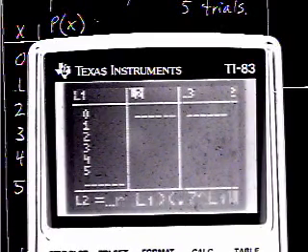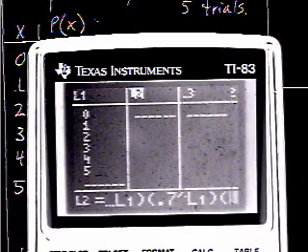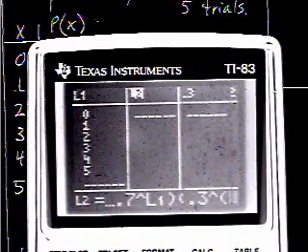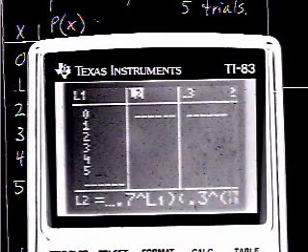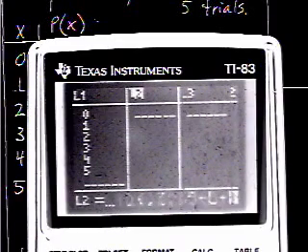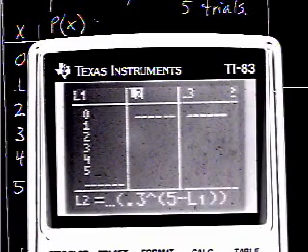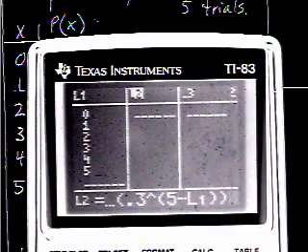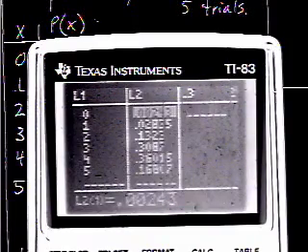To the List 1 power. Times the probability of 0.3 to the parenthesis. 5 minus List 1. And those are my values.